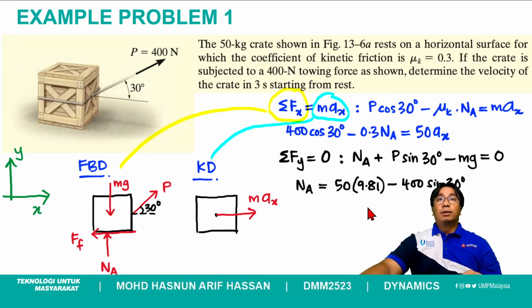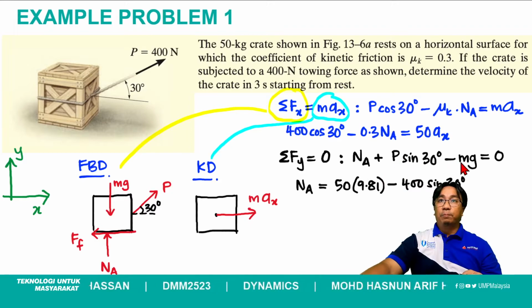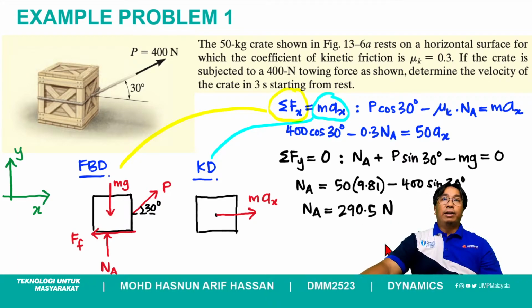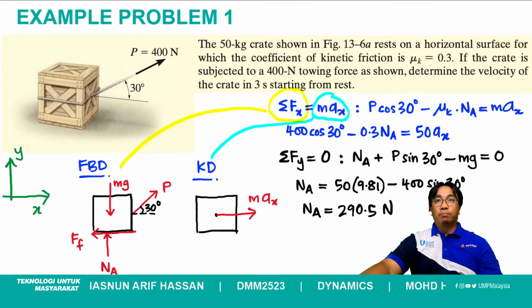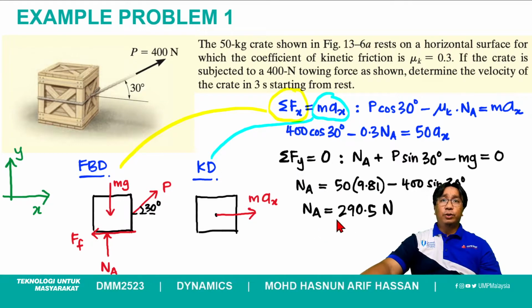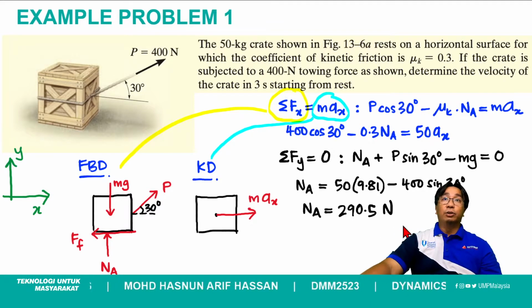Alright. So then you will substitute all the values. You will bring mg and also P sine 30 to the right hand side to get the value of NA. From this calculation, from Fy, you get NA equals to 290.5 Newton.